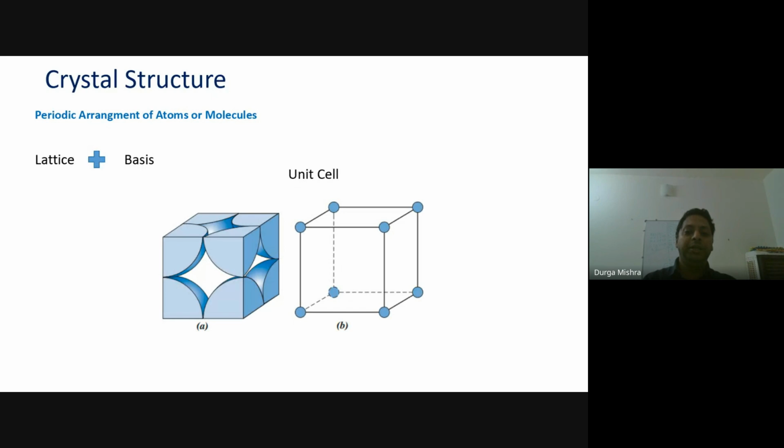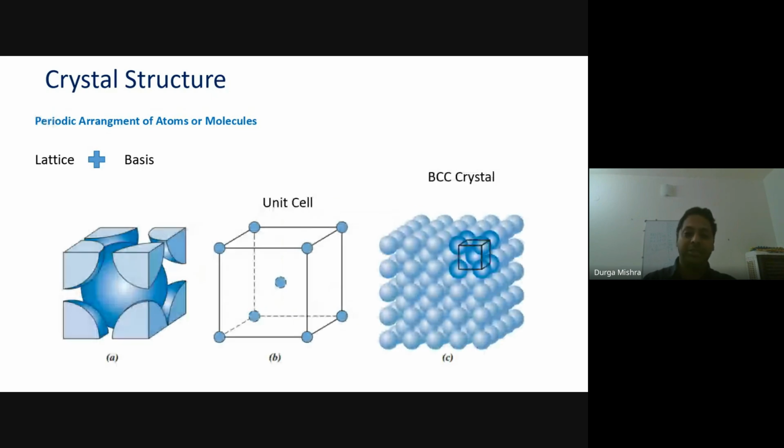Similarly, you can have a body-centered cubic, BCC crystal. Here again we have a hard sphere. You have one atom completely within the box, the cube, and then you have atoms on the corners.